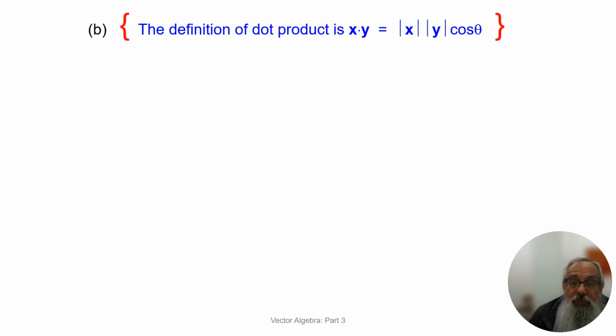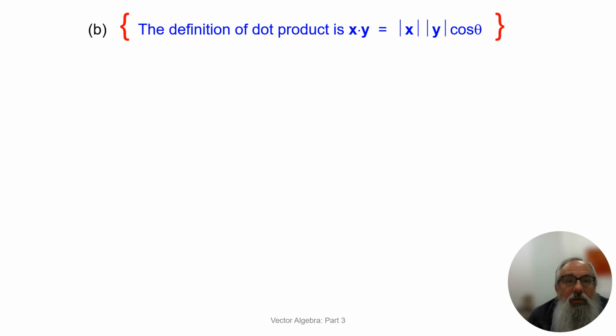Let's find the angle that this plane makes with the line intersecting it. We used the cross product previously. Now we're going to use the dot product in concern with the line.